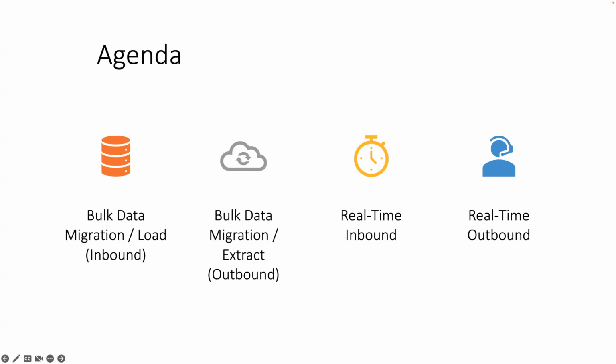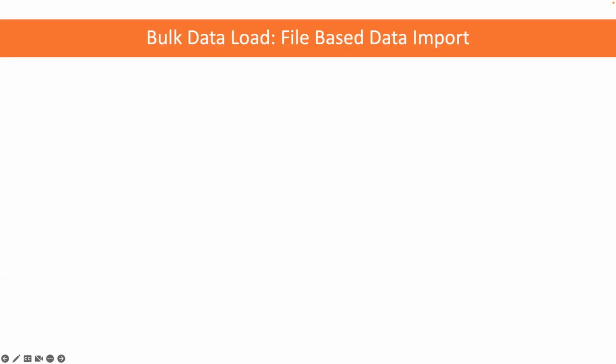So let's start by looking at the bulk data load using the file-based data import, which is also called the FBDI loader. And I'm going to use an example of loading data for supply data. So I'm just going to use that as an example today. And I'll take you through the documentation and how to run through this process.